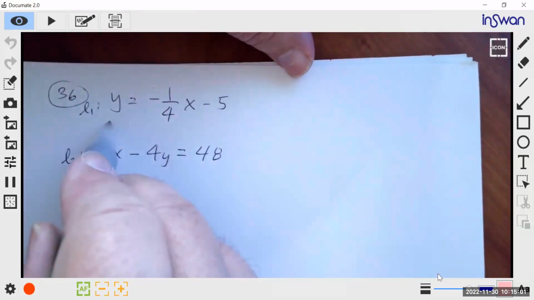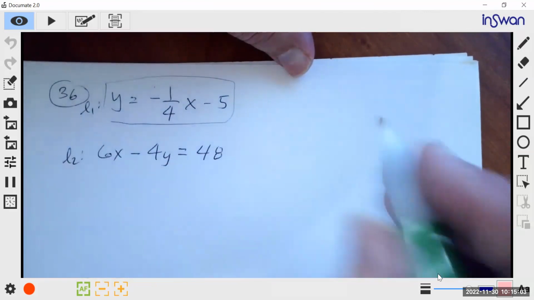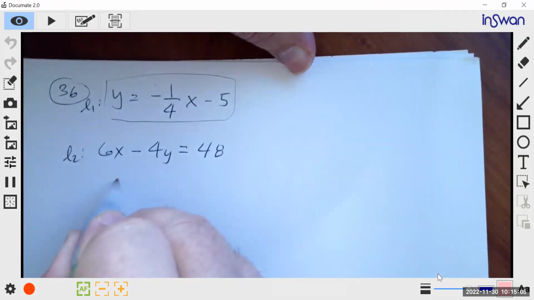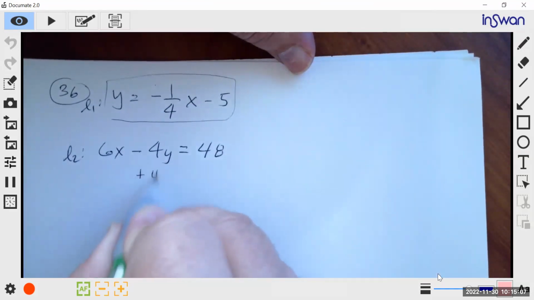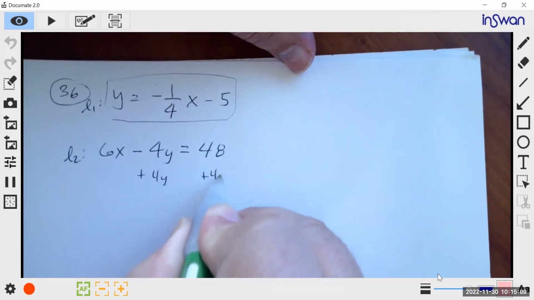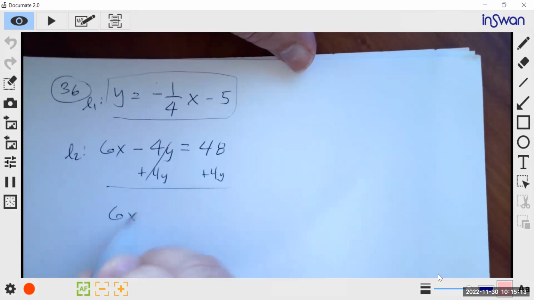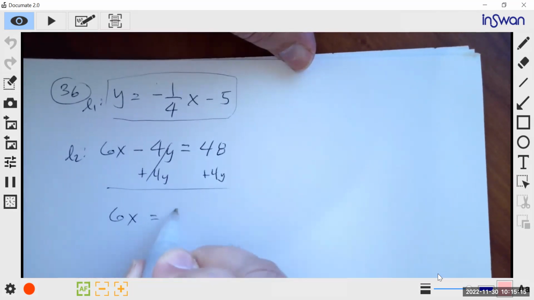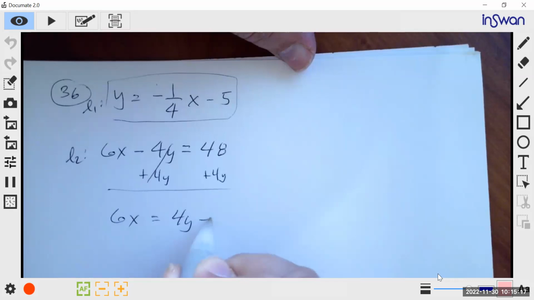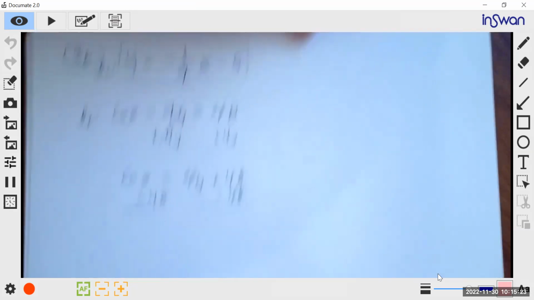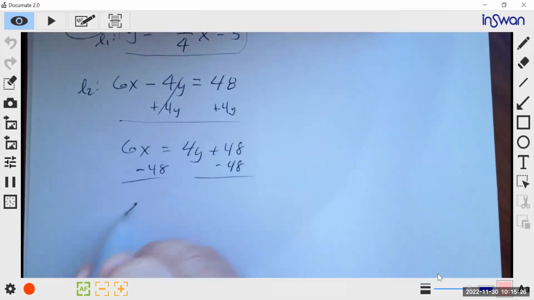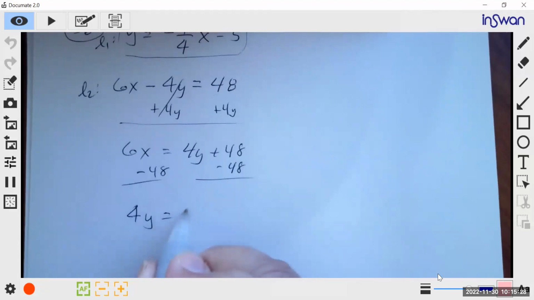So before I go anywhere, I have to put it in slope-intercept form. So I add 4y to both sides. It'll make my y positive. Subtract 48 from both sides. I'm trying to get y by itself. 4y equals 6x minus 48.